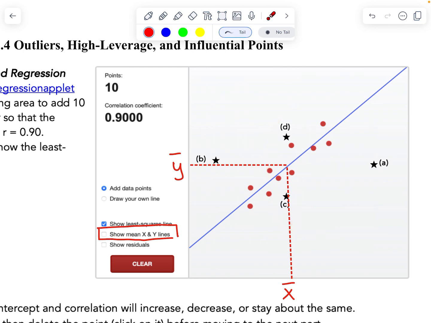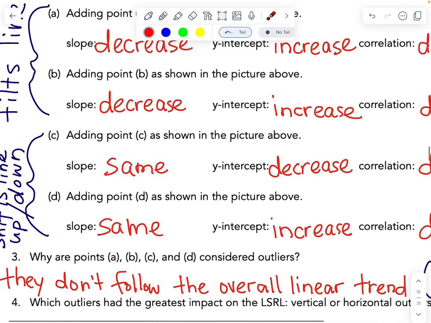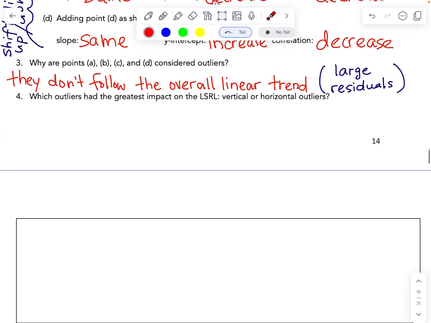I mean, we definitely saw some correlation change and we saw slight shifting, but they weren't anywhere near as influential as A and B, these horizontal outliers, okay? So the answer to this question is the horizontal outliers.